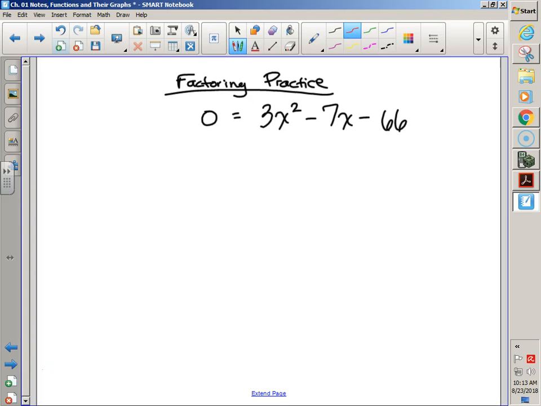Our last is brought down, but our middle needs to be split up using the grouping method, where we say the negative 7x came from a negative 18x and an 11x. These two numbers get our x term coefficient. They tell us where this came from and who it came from.